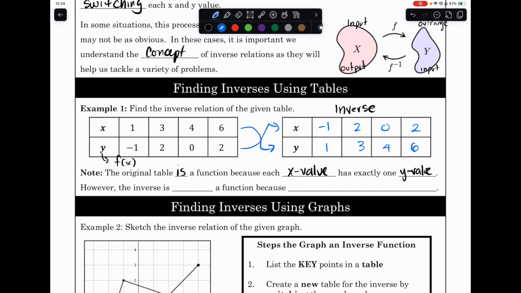Now, if you look at this table, however, the inverse is not a function. Let me write it in red, not a function, because you'll notice that the x value of 2 has two different y values, a y value of 3 and of 6.